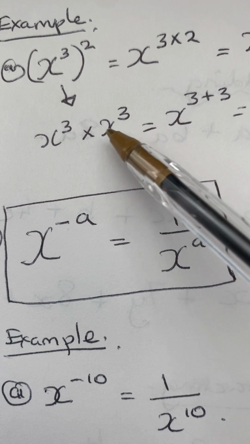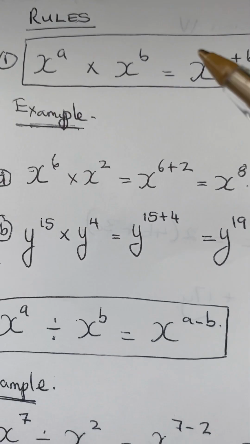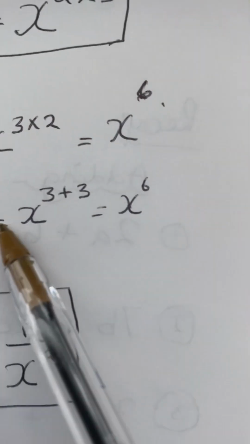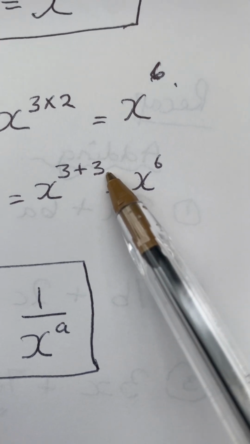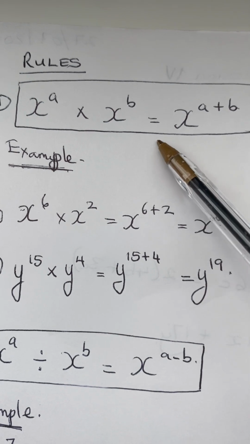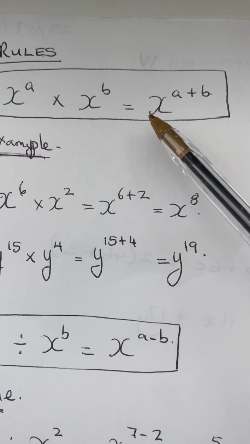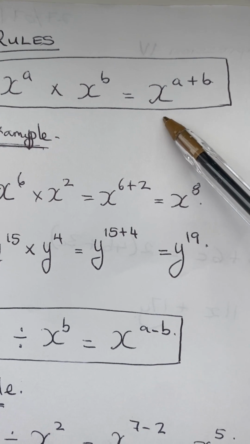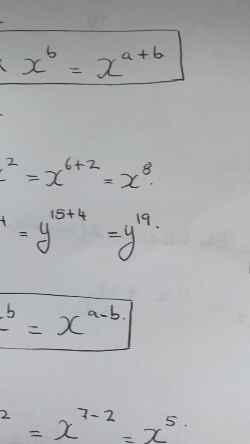Twice. But if you use the rule that I've just shown you, it means x to the power 3 add 3, if you go back and use the first rule. I'm going to assume that you are going to put them on your flashcard and look at them till you've learned them.